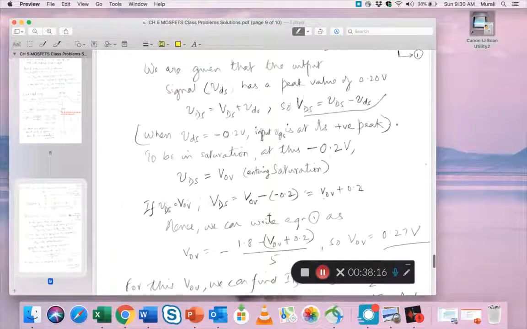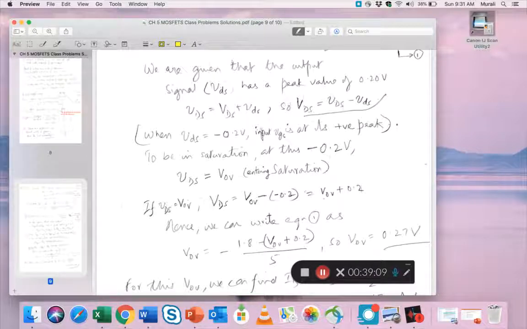So just remember, the logic here is pretty straightforward. All it means is, at the point B, which corresponds to the lowest point for both coordinates of point B, both the input swing and the output swing, that means the VGS and the output VDS, both of those are at point B, and at that point we take the output voltage, the VDS, to equal the overdrive voltage, right?